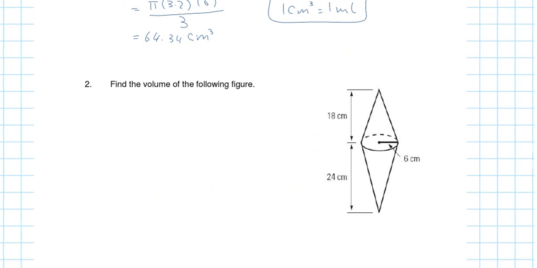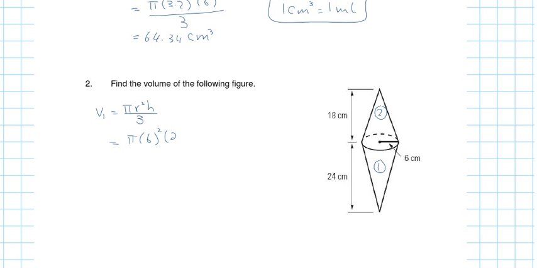Because this is a composite figure with 2 cones, right? What's special about the 2 cones is that they have the same radius, but then different height. So the volume of one is pi r squared h divided by 3, which in this case is going to be pi times 6 squared multiplied by 24 divided by 3.